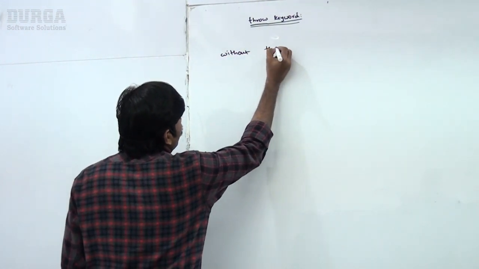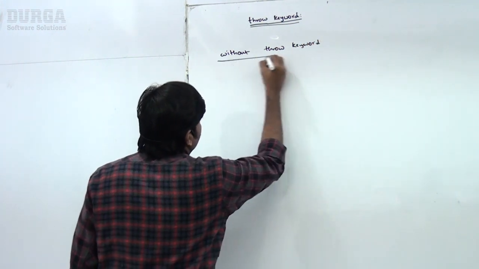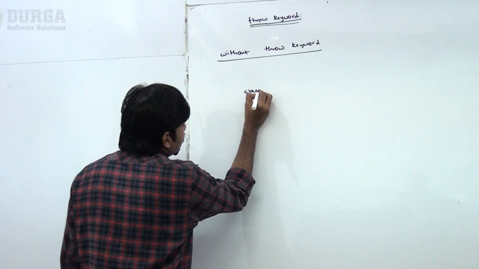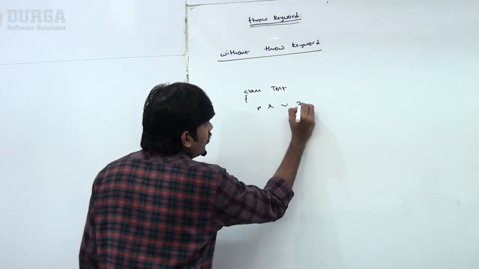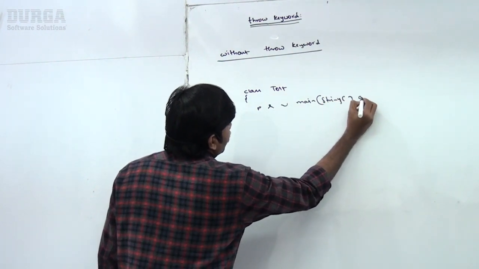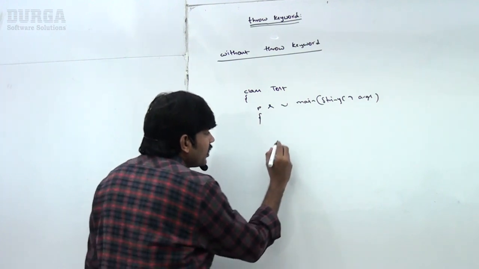I don't want to use the throw keyword. Observe: class Tester, public static void main method.